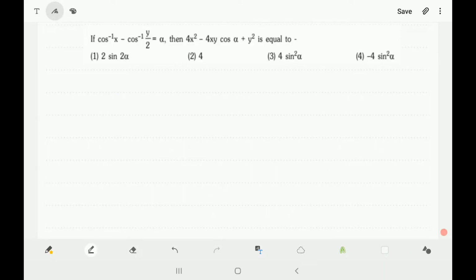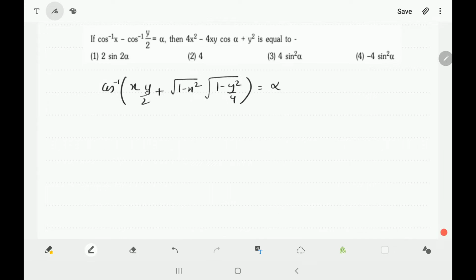In this problem, cos inverse x by 2 minus cos inverse y by 3 is given as alpha, and we have to find the value of 4x square minus 4xy cos alpha plus y square equals to. Okay, so we can just apply the formula directly. So cos inverse of x by 2 minus cos inverse of y by 3 will have the formula xy by 6 plus under root of 1 minus x square by 4 times under root of 1 minus y square by 9 is equal to alpha.